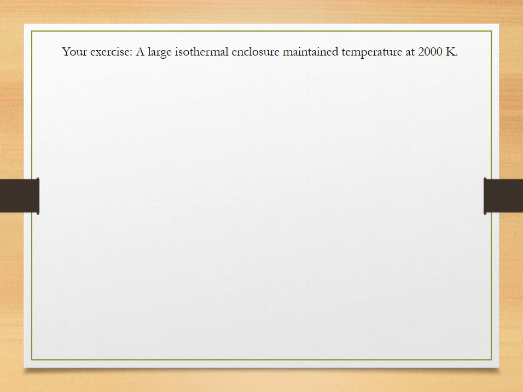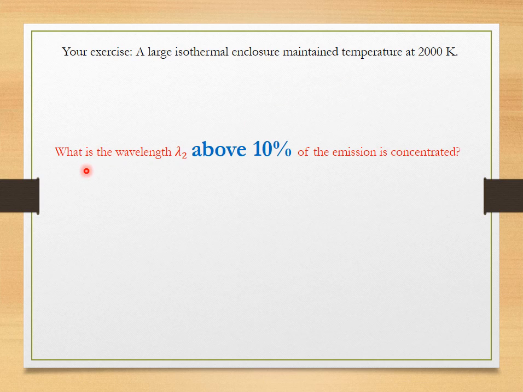Okay guys, so this is one of the questions more or less related, or I would say exactly the same as the previous one. A large isothermal enclosure is maintained at a temperature of 2000 Kelvin, and the question: what is the wavelength lambda 2 above which 10% of the emission is concentrated?